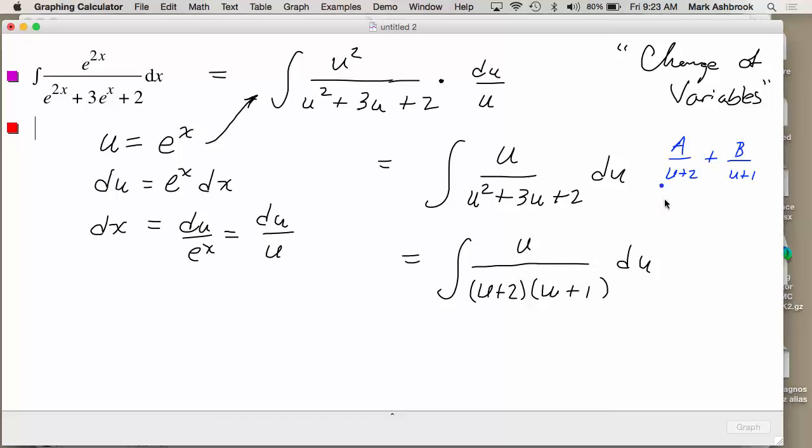So when we add those fractions, we get A times u plus 1 for the numerator plus B times u plus 2, with the common denominator right here. So what's our coefficient of u? The coefficient of u is A plus B, and that equals 1. Our constant would be A plus 2B, and that's equal to, this is like u plus 0, constant 0.